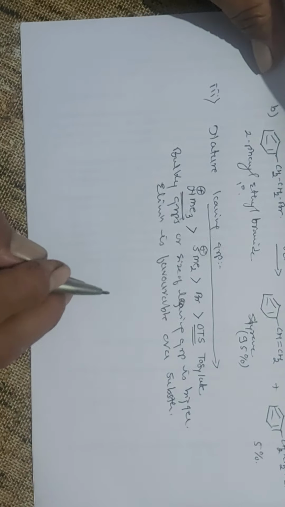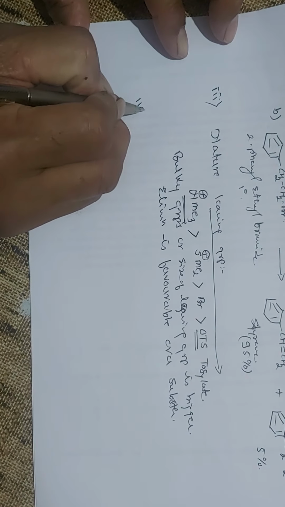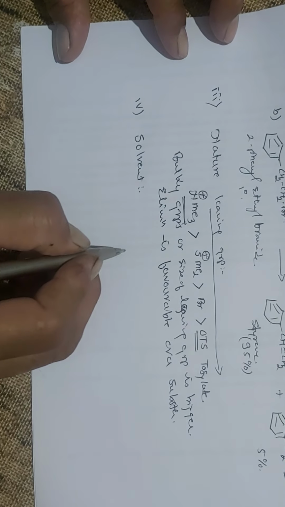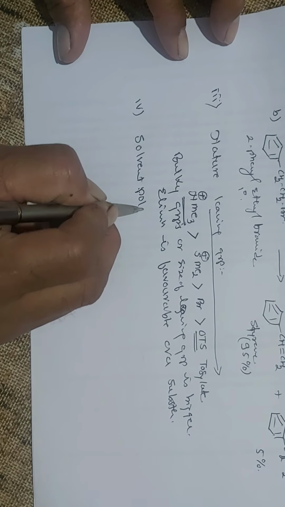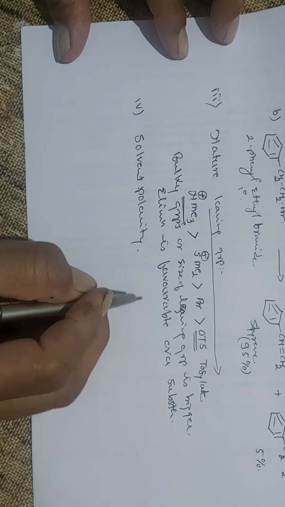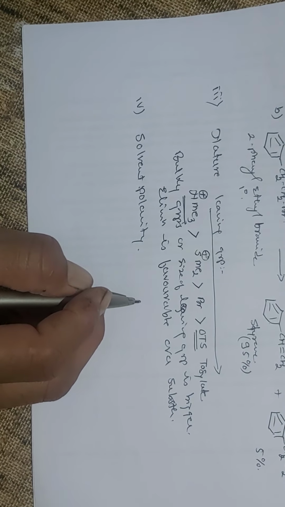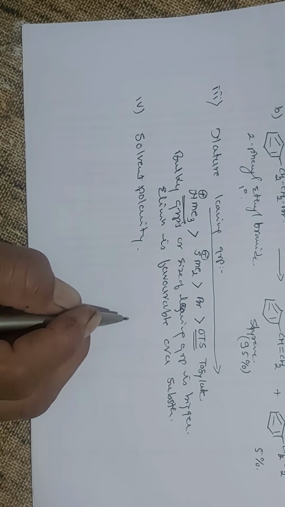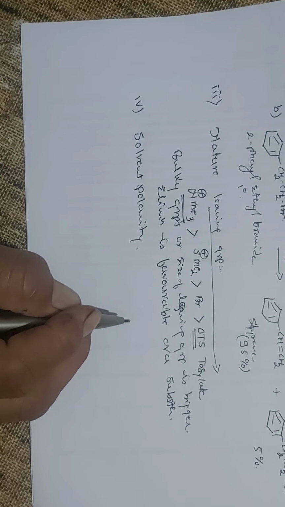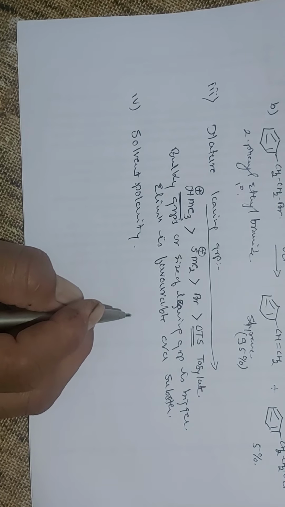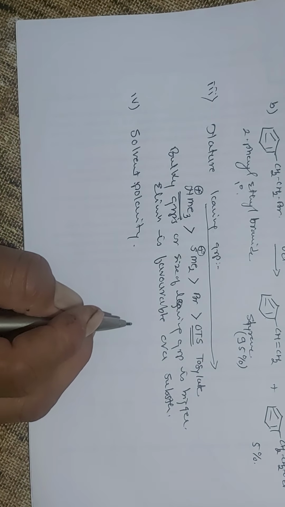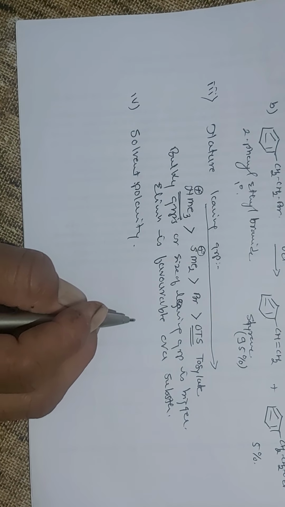Then the nature of the solvent, that is the polarity of the solvent. If you study the transition state of the elimination and the transition state of the substitution reaction, we can see that the charge is more dispersed in the elimination transition state than in the substitution.